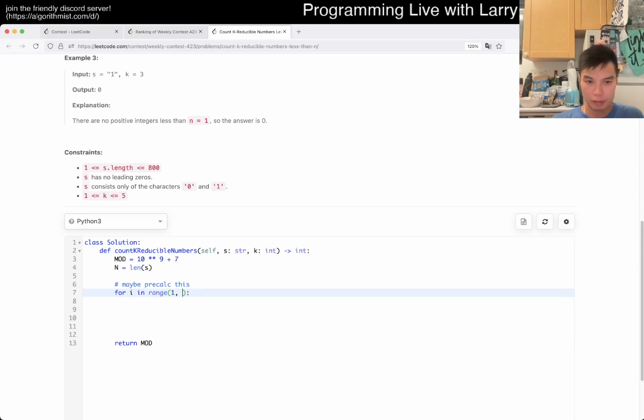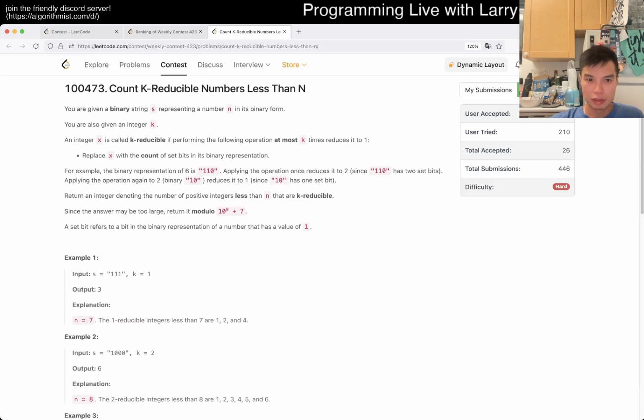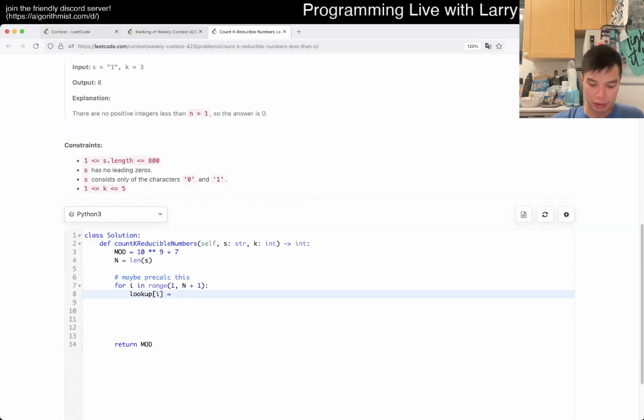Oh no, it's just this number of ones, right? So if we have 6, it goes to 2. So that means that this is just the bit count, right?